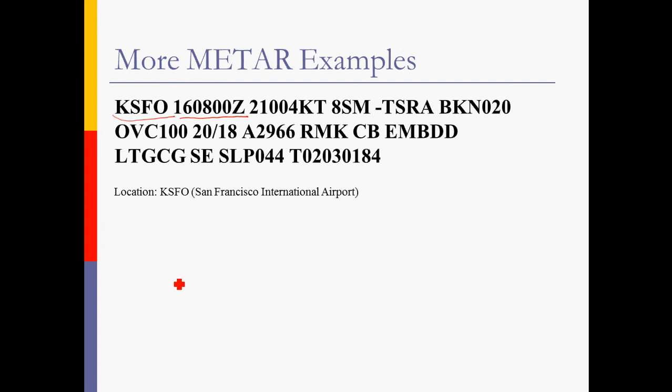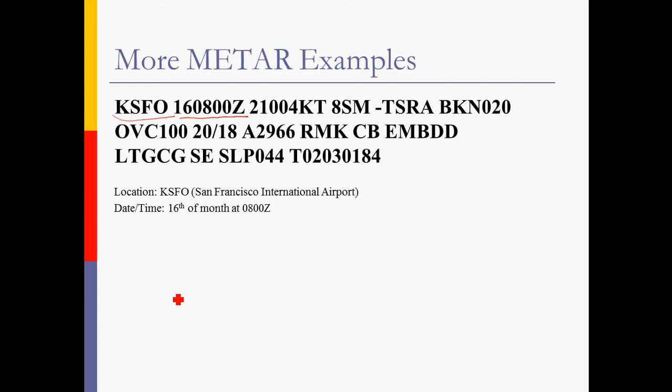That's what the Z actually means, Zulu. So this observation was taken on the 16th day of the month. Remember that the METAR itself doesn't specify which month it was, at 0800Z. And this would be either midnight or 1 a.m. in San Francisco on the 16th, depending on whether Pacific Standard Time or Pacific Daylight Time was being observed.